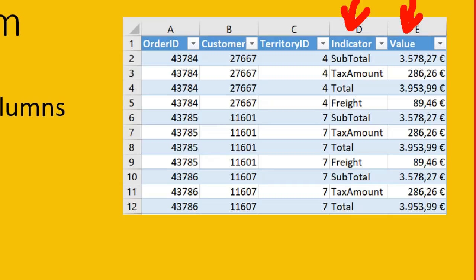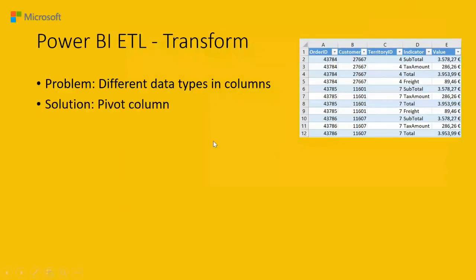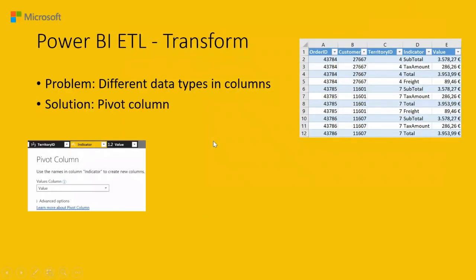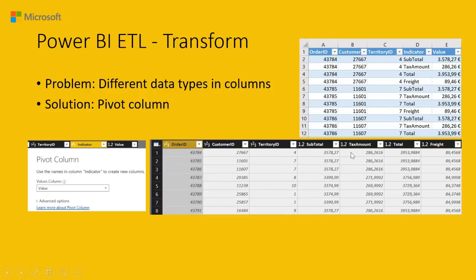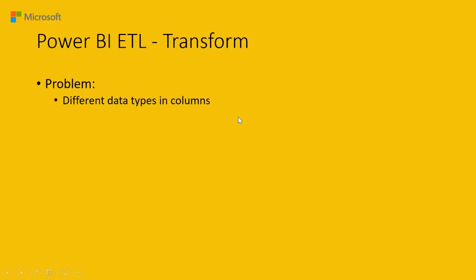So the transformation here that can save our ETL is pivot columns. We need to pivot column D and use the values from column E. And as the result, we obtain a new table with all the well-defined columns using the transformations for our ETL.